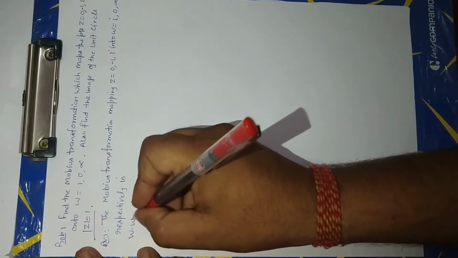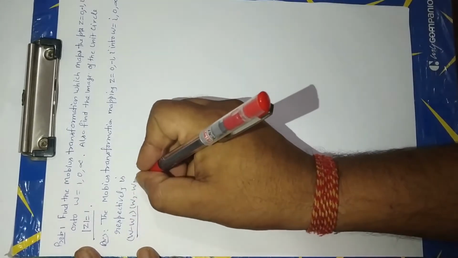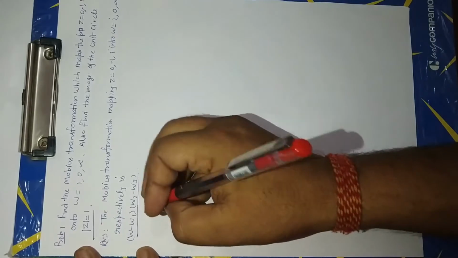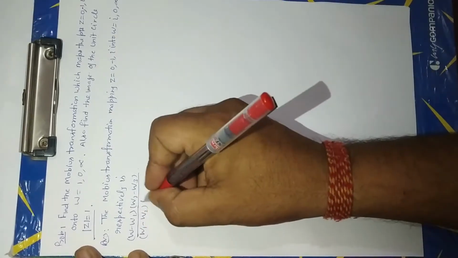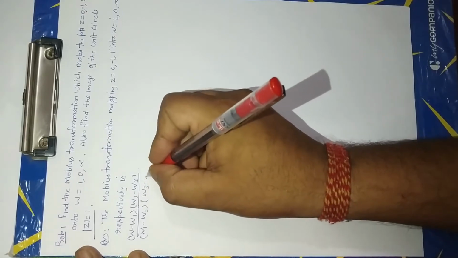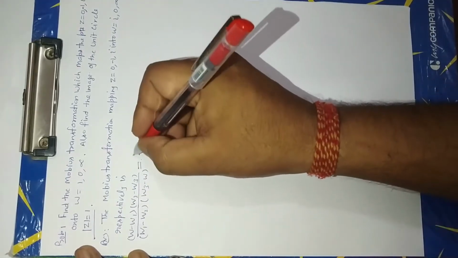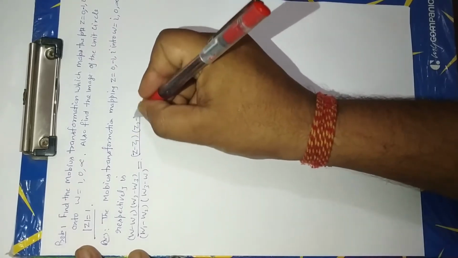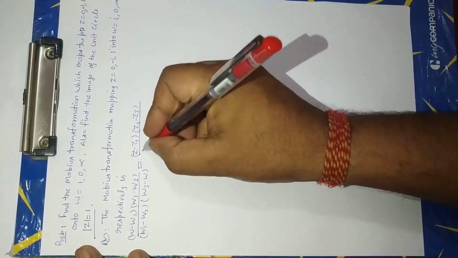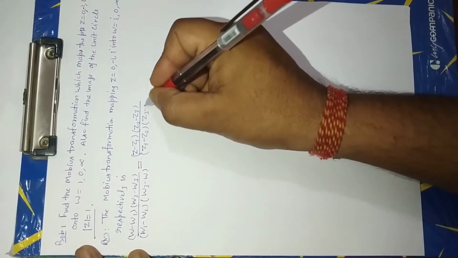(w minus w1)(w2 minus w3) upon (w1 minus w2)(w3 minus w) equal (z minus z1)(z2 minus z3) upon (z1 minus z2)(z3 minus z).